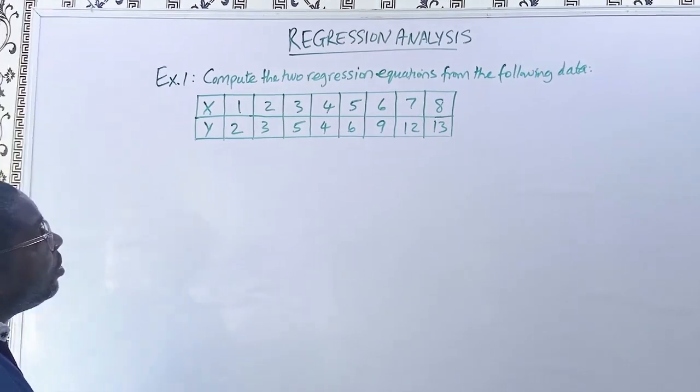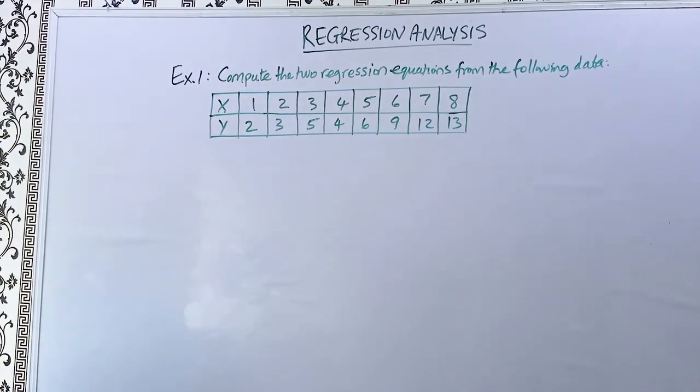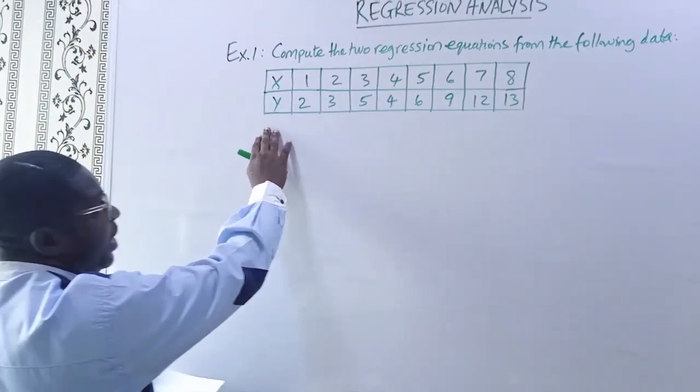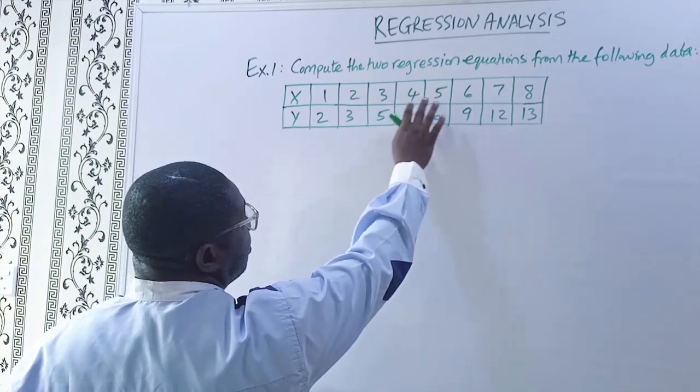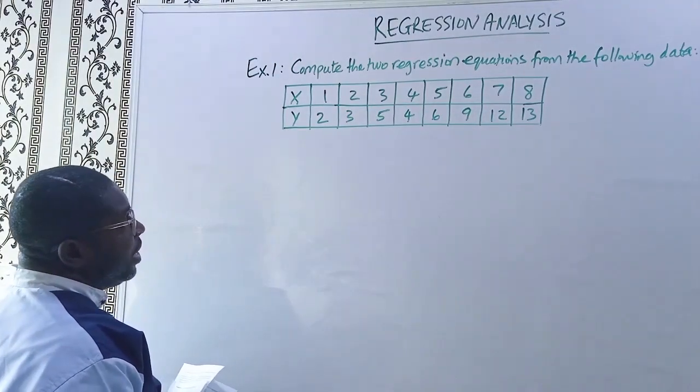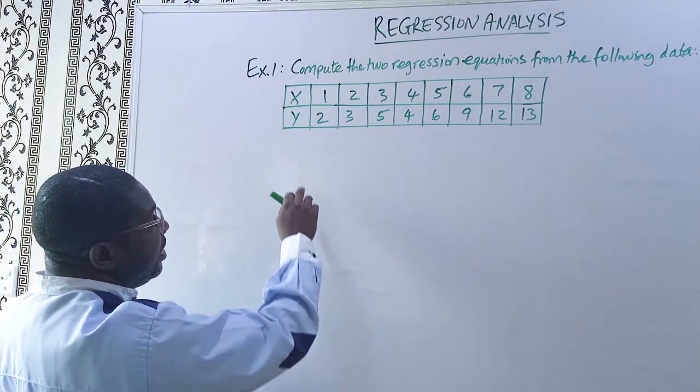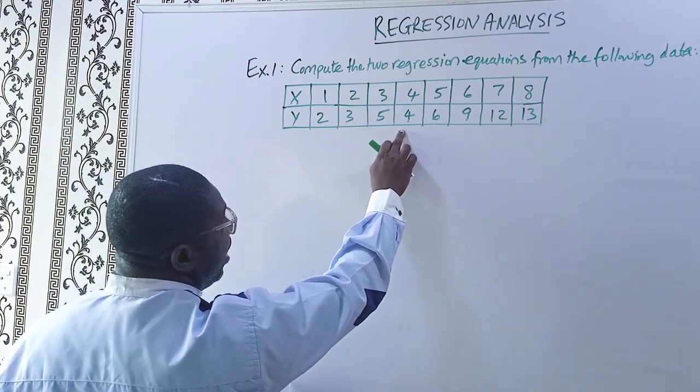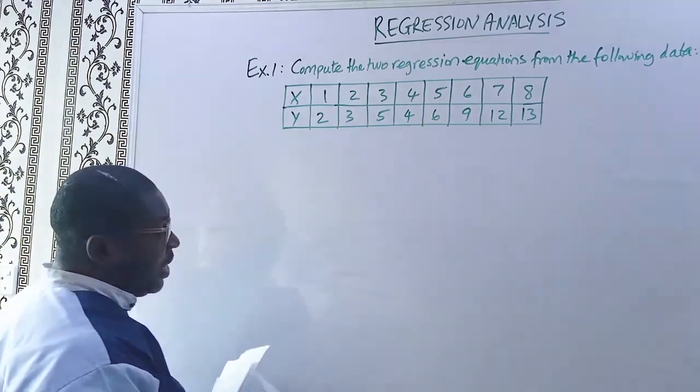We need to compute the two regression equations from the following data. We're given x and y. X has a consistent rise from 1 to 8, and y has 2, 3, 5, 4, and the rest like that.